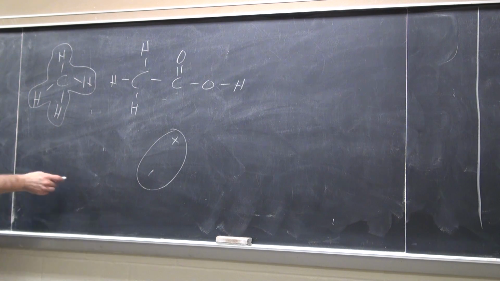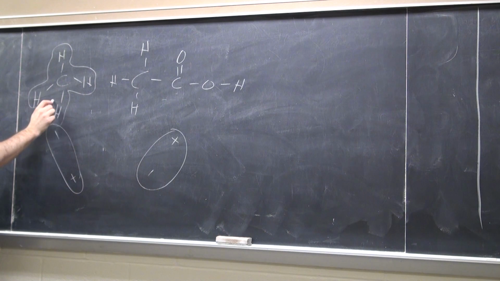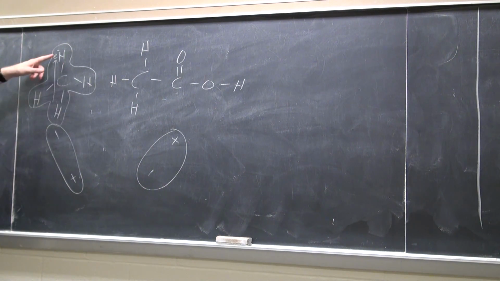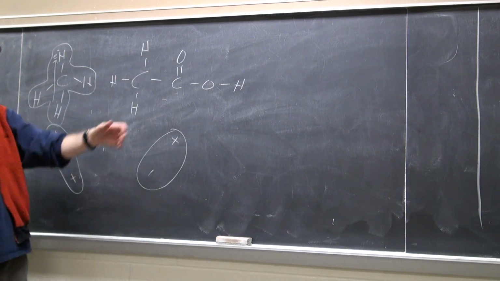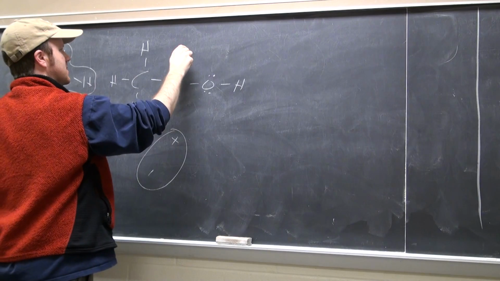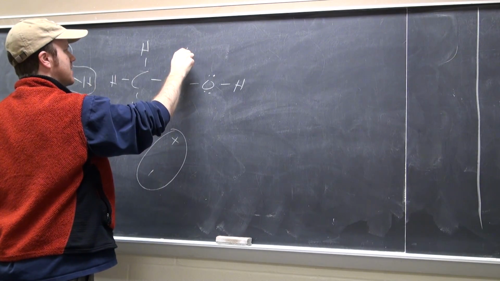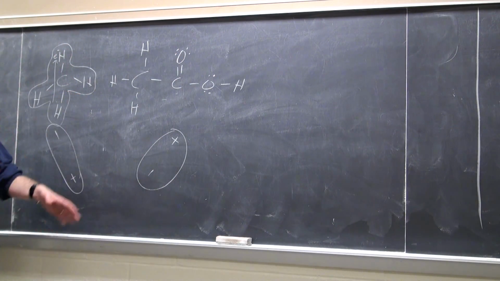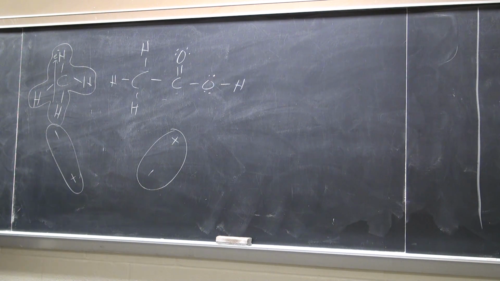So this negative part of the dipole comes close to methane, it's going to push electron density this way, because negative repels negative. And in this case, since you have these lone pairs on oxygen, here's some lone pairs right here as well, acetic acid is probably more polarizable. It's bigger, right? There's more electrons to push around.